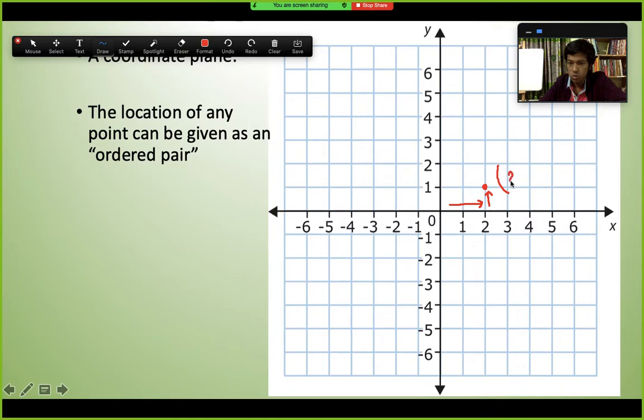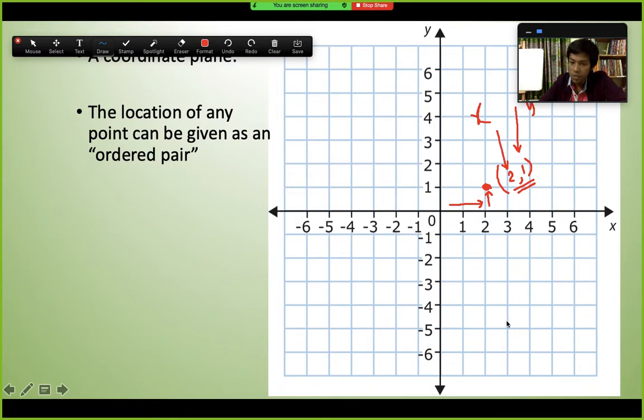So this point's name will be 2, 1. This value is called an ordered pair. There are two things, that's why it is a pair. It is ordered because the first value is the x value and the second value is the y value. So there is some sort of order, sequence, relation here.